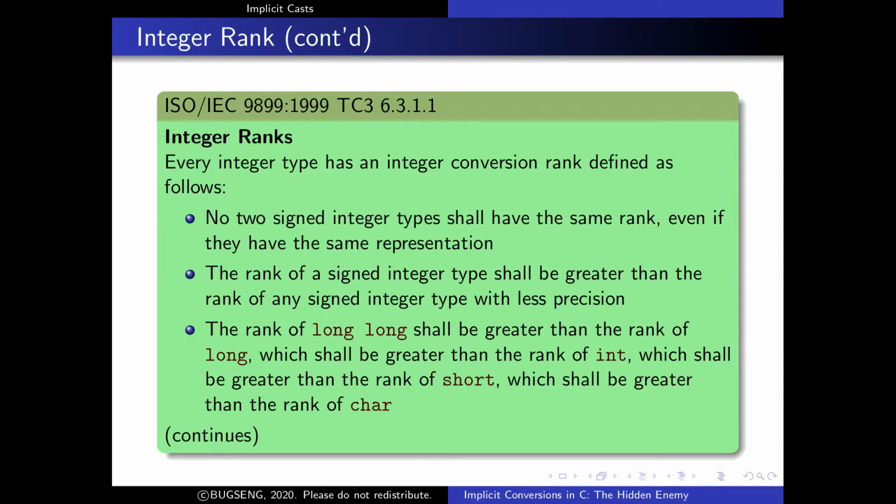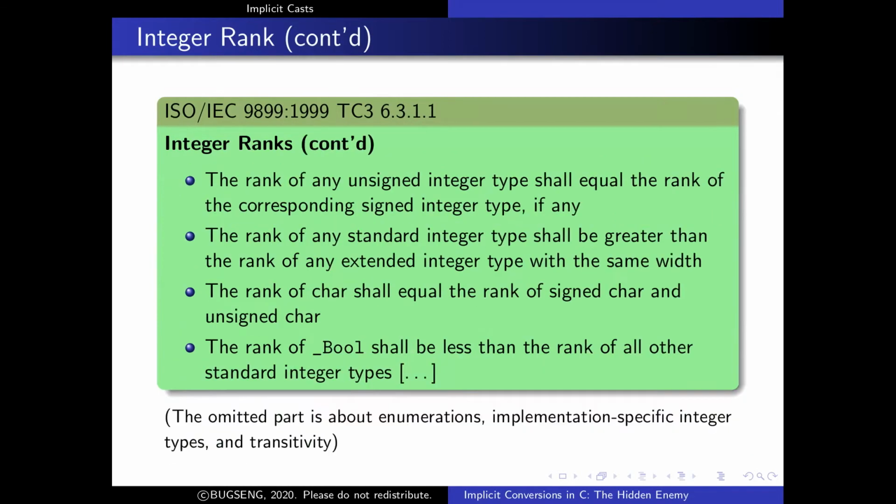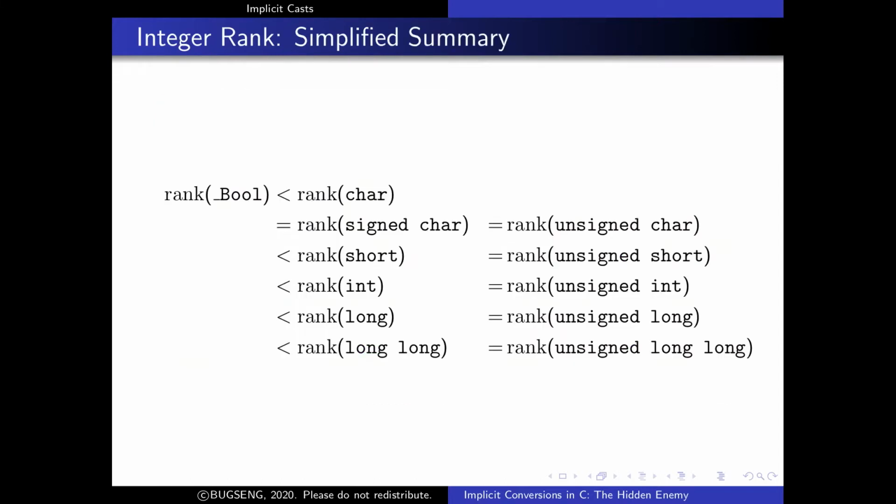The rank of long is higher than the rank of int. There are other rules: char has a smaller rank, and bool is even less than char. However, to make it short, I have prepared a summary.